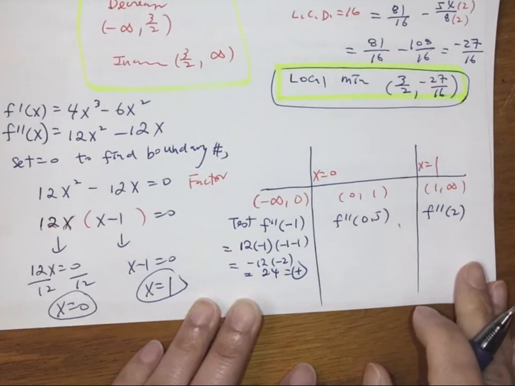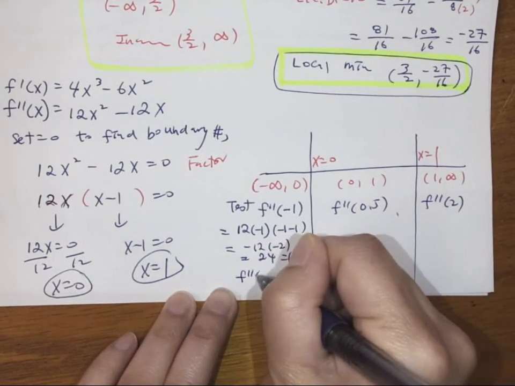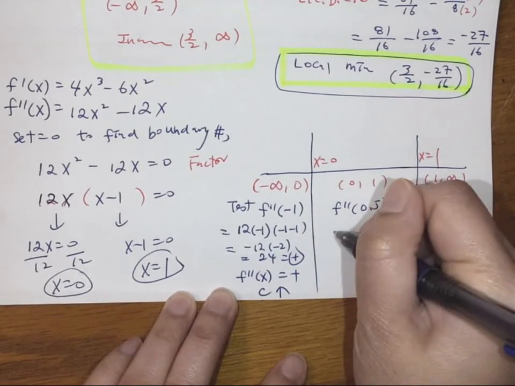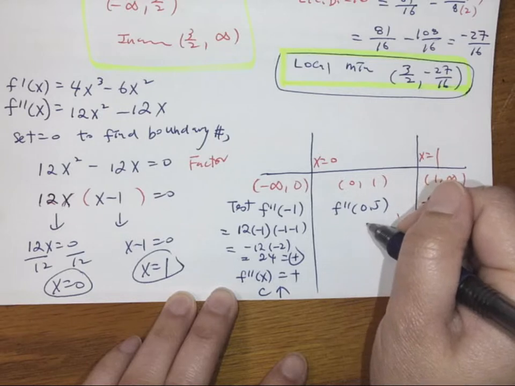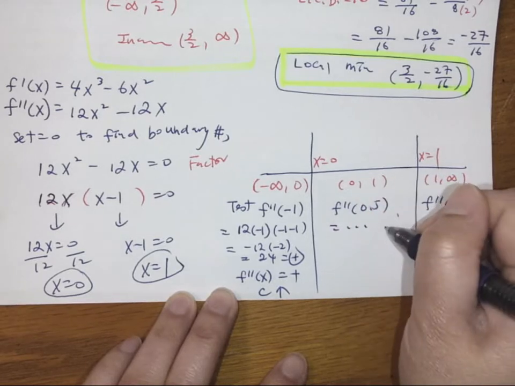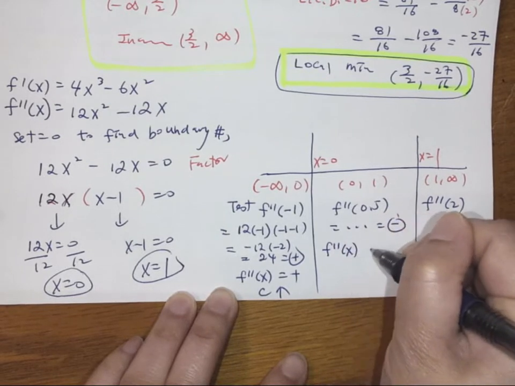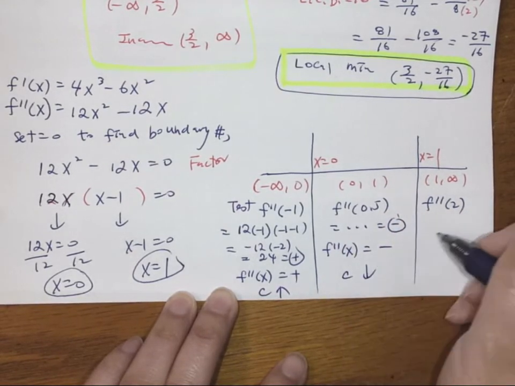When you plug in a second derivative and get a positive number, it means concave up. And then when you plug in 0.5, you get a negative number. If the second derivative turns out to be negative, it means concave down.